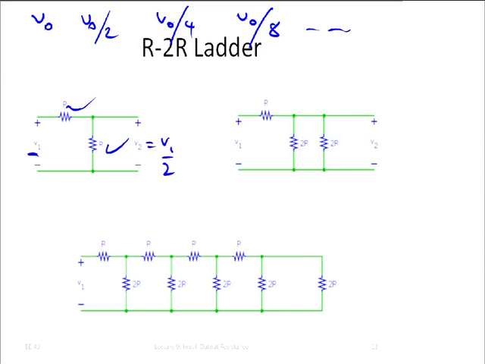Now, if I want to divide this one again by 2, what can I do? If I stick another one like this right after it, what's the problem? What's going to happen? Would the voltage here be V2 over 2?